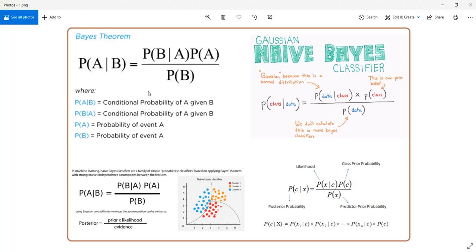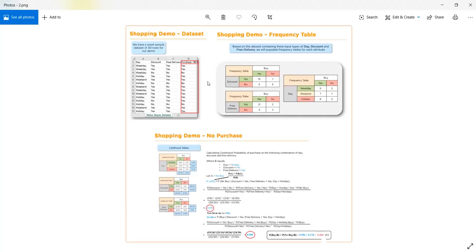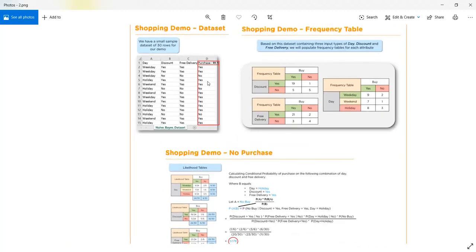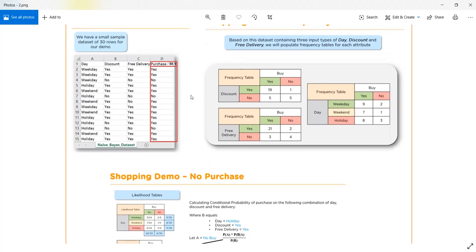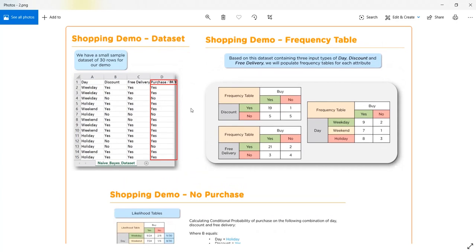All right, so let's take an example. Here we have one data set which has 30 rows, and it is taken from some retail company, let's say Amazon or Flipkart or Spencer or Reliance Fresh.